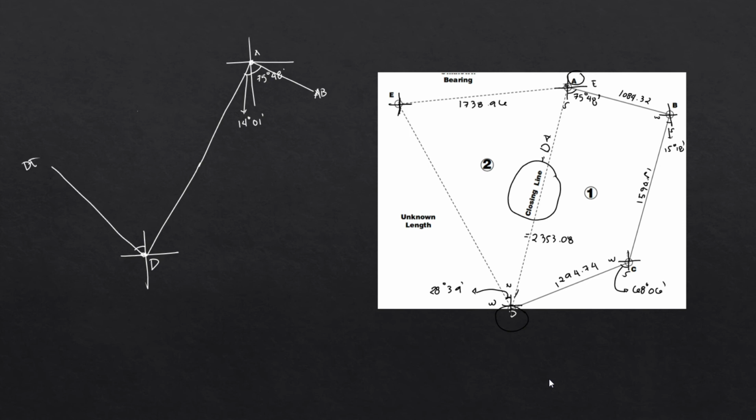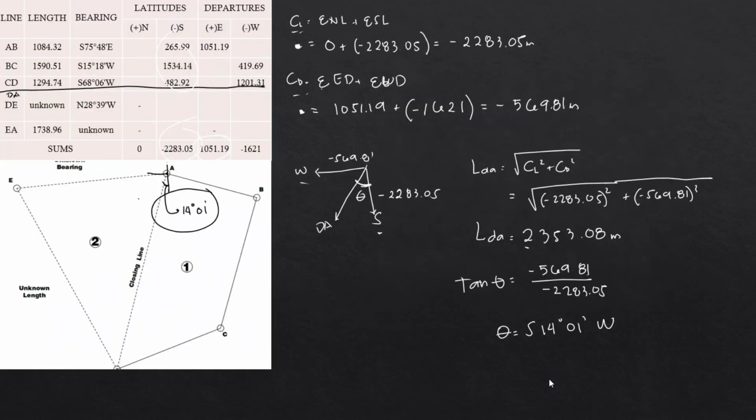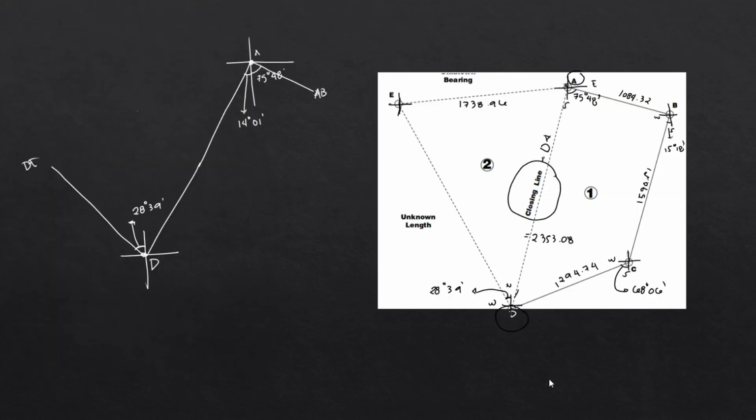Ito is nakuha na natin to, given to. This is 28°39'. Okay, so tama siya. Ito siya. Itong DE. Bearing ng DE, 28°39'. So, ito siya. Given na. Okay.